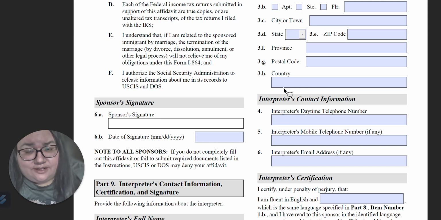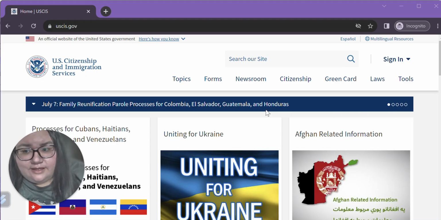All right, so in order to figure out what is the required income for the affidavit of support, form I-864, we're going to go to the best resource, which is USCIS. So go ahead and go on over to the USCIS website. And what you're going to do is here on the search bar, you're going to put in 864P and then go ahead and search.